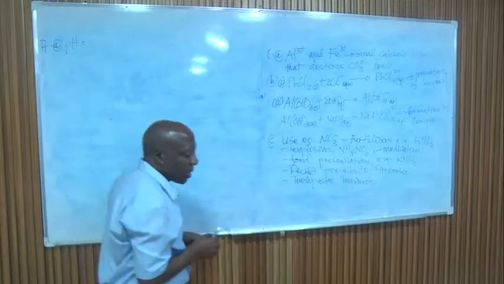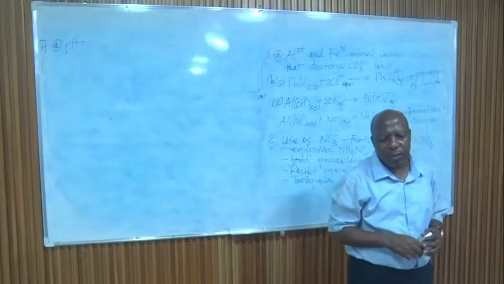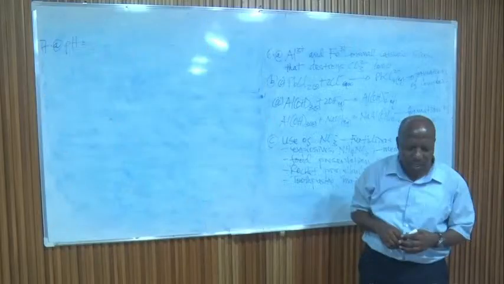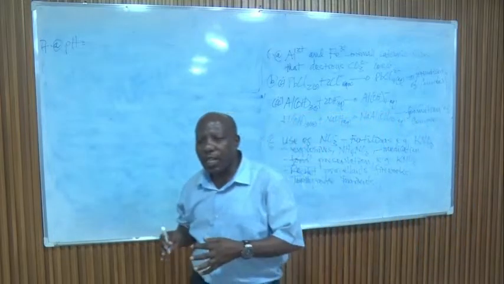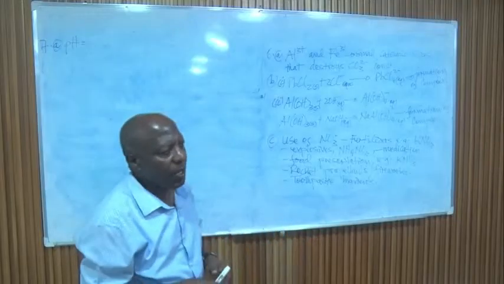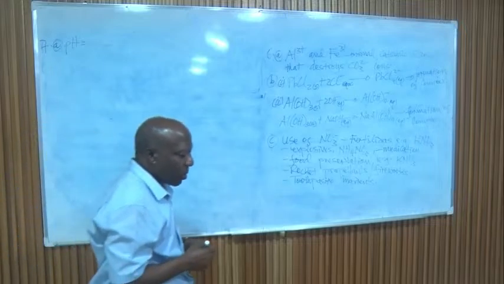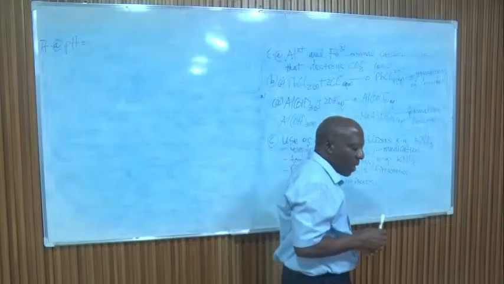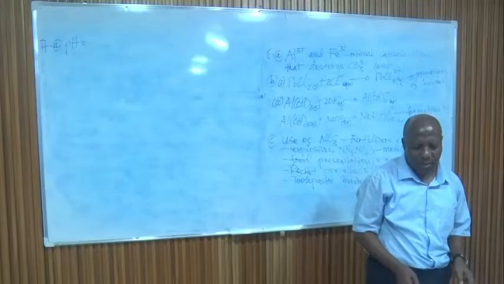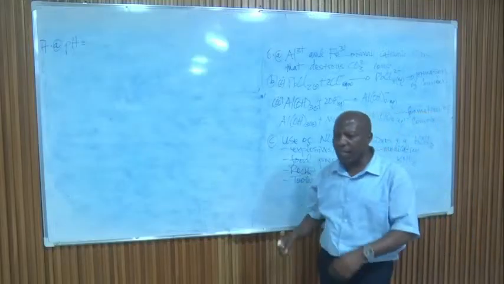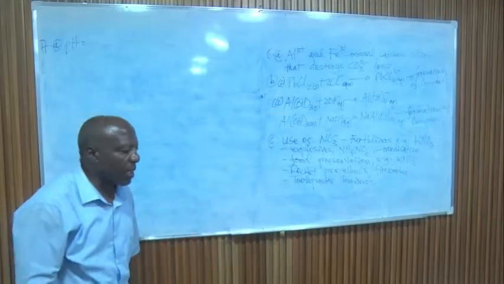It has soil solution, in which the plant nutrients are available for plant absorption, and also soil colloid. Soil colloid is the storage part, or the part of the soil where these nutrients are stored. So when the plant nutrients are in the soil colloid, it means that they are not available for plant absorption. But once they enter the soil solution, then they become available for plant absorption.